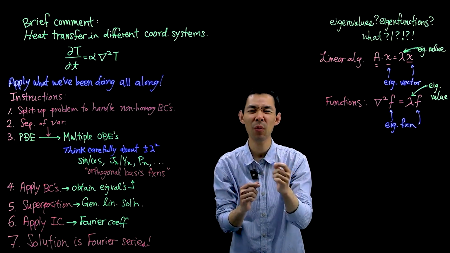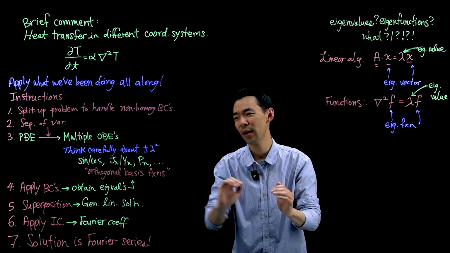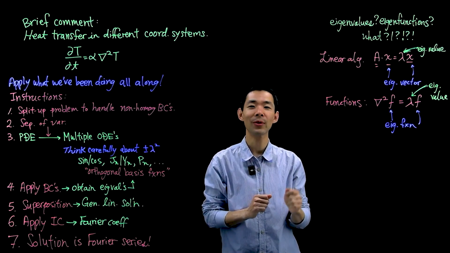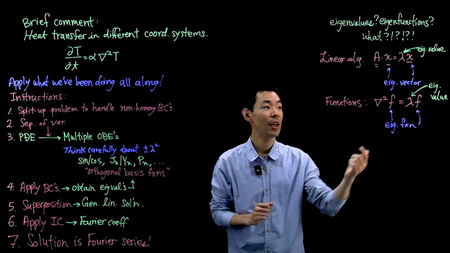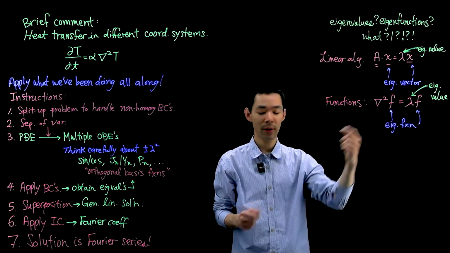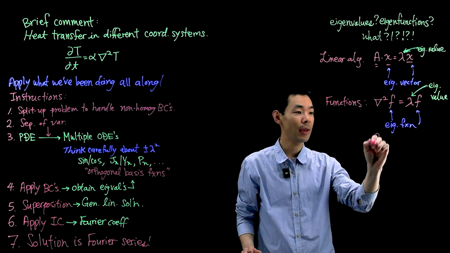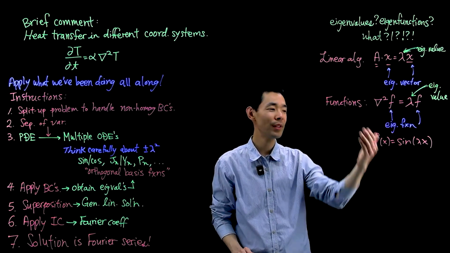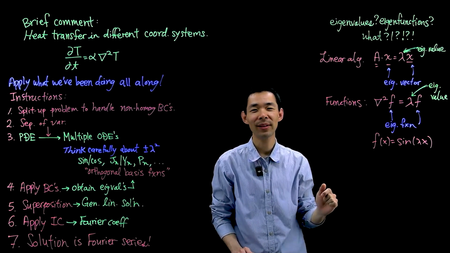So f is the eigenfunction that we're talking about here. Earlier I said it's the function you want. It's actually really the part of the function that you want, which contains sines, cosines, Bessel's functions, Legendre polynomials, etc. Because look at it. If you were to stick in sine lambda x here, so if f were equal to sine lambda x, you take 2 derivatives of that, the lambda would pop outside.